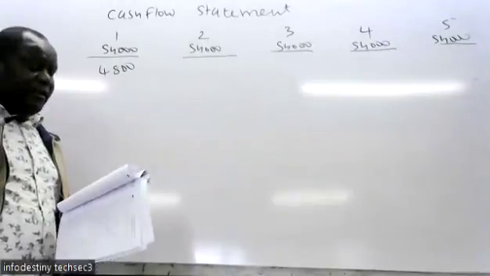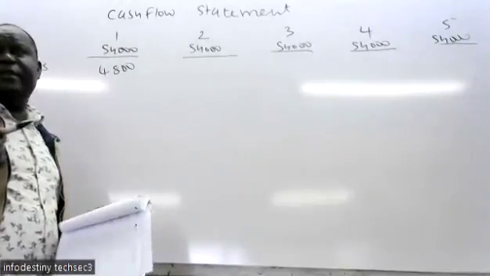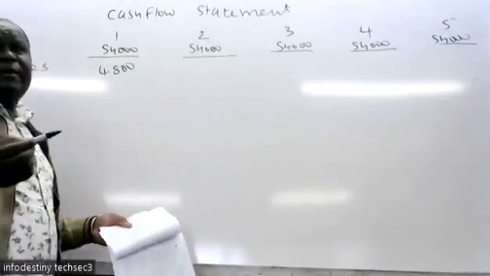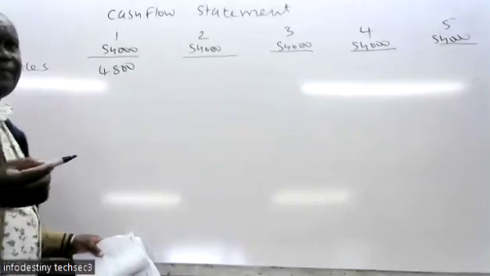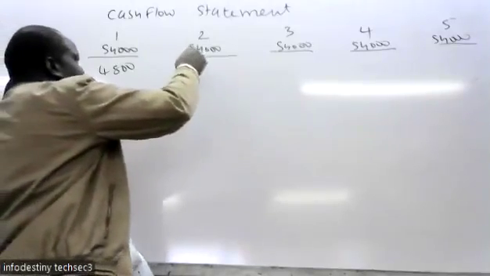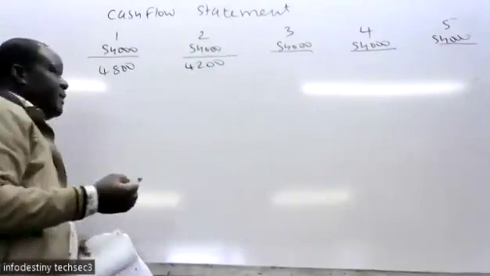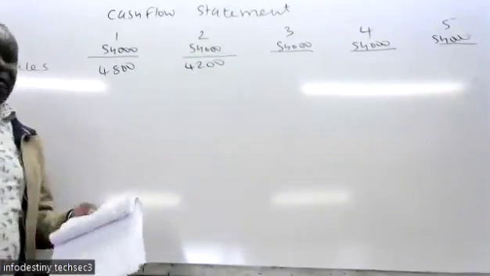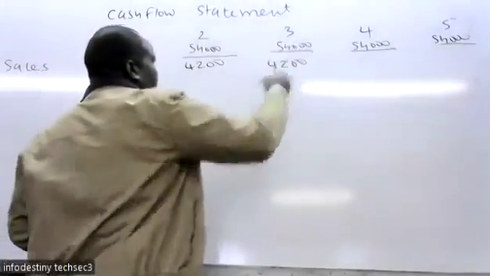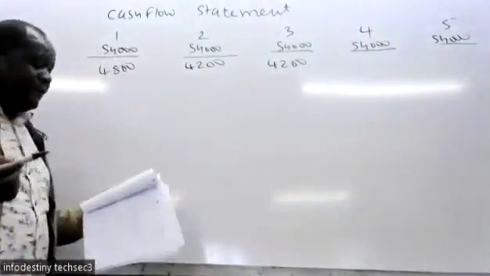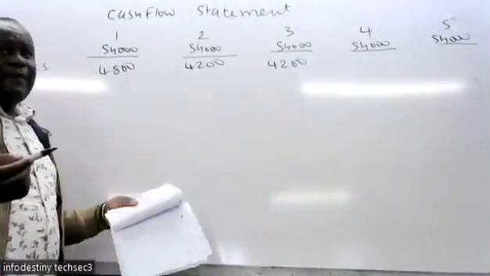Year 2, it is meant to be 7,000, also multiplied by 600, which is supposed to be 4.2 million. Year 3 is also the same as expected. How about year 4?